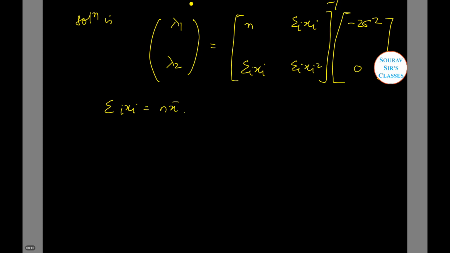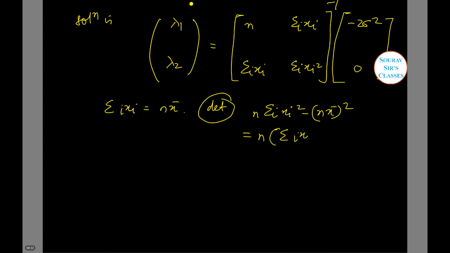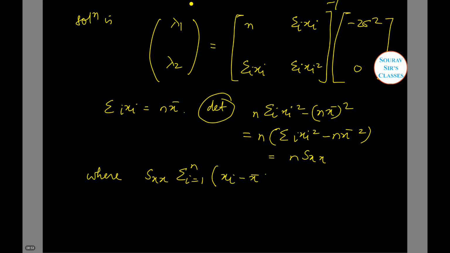Thus the determinant of the matrix is n summation xi square minus n squared x bar square, which is equal to n times the bracket summation xi square minus n x bar square, which is nothing but n Sxx, where Sxx is summation xi minus x bar whole square.